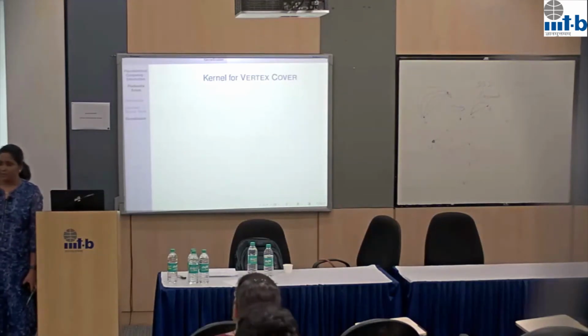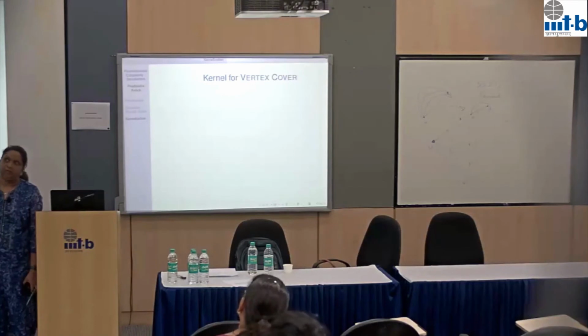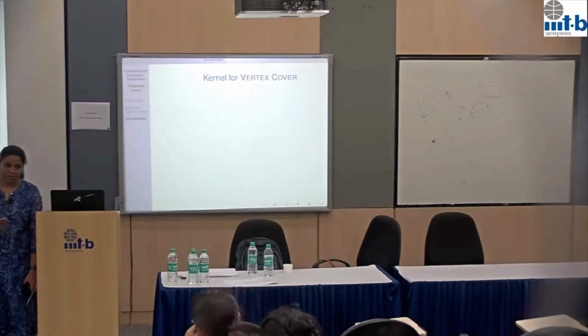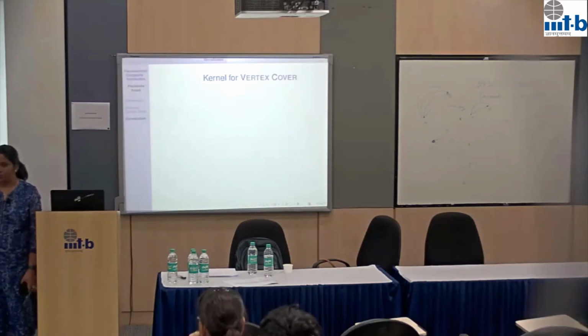But there are also people who try to optimize the size of the kernel. Given an exponential kernel, can you reduce it to a polynomial kernel? For example, can you reduce it to a kernel of size k cube? Then if you have k cube, can you optimize it into k square and k, and so on? So these are relevant problems.